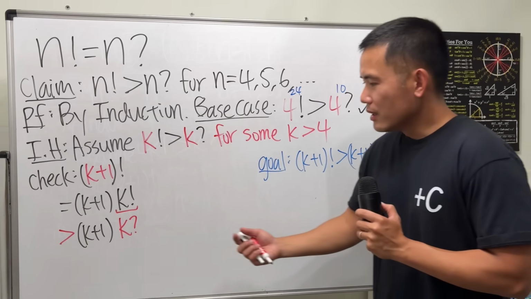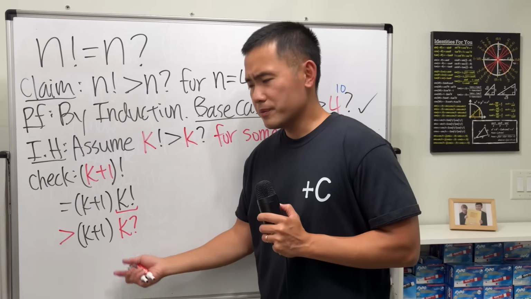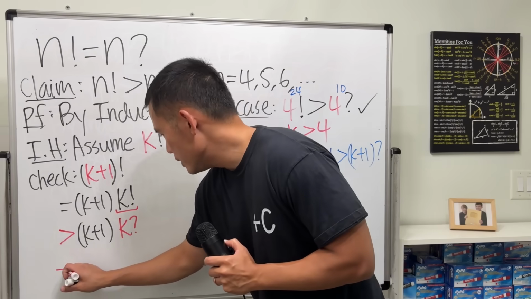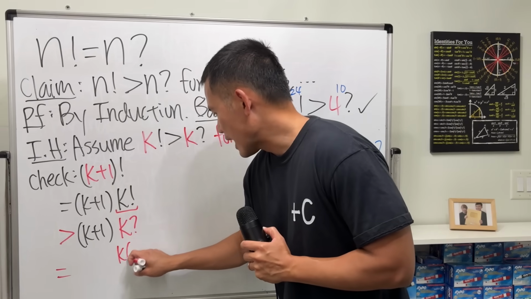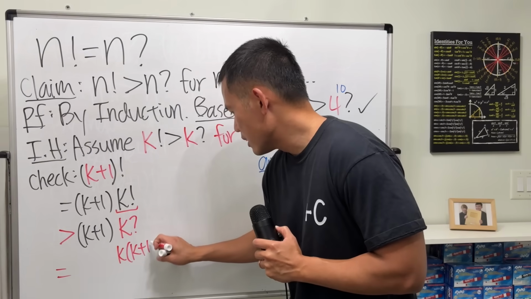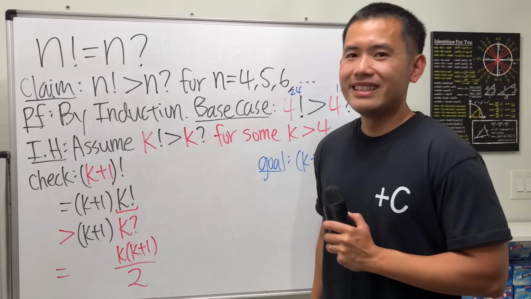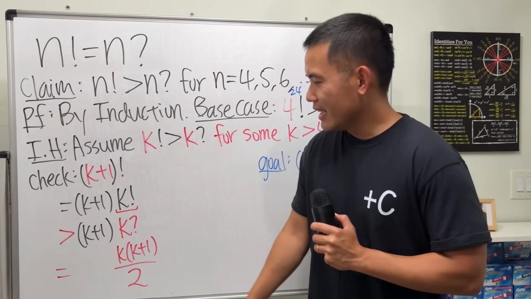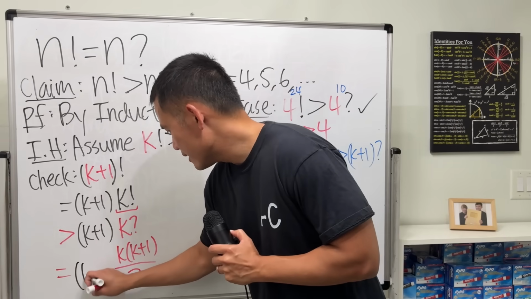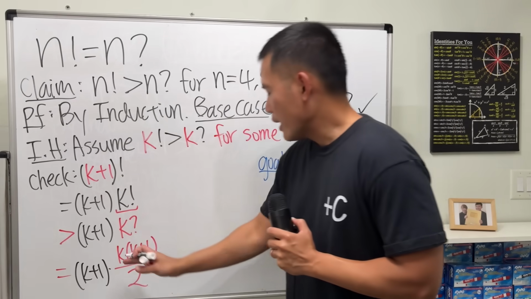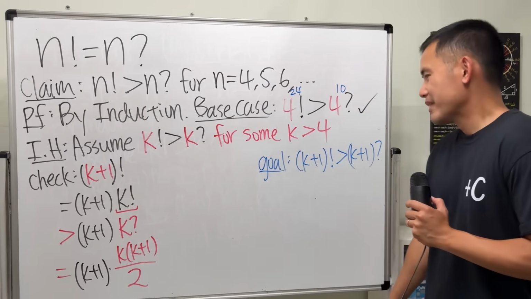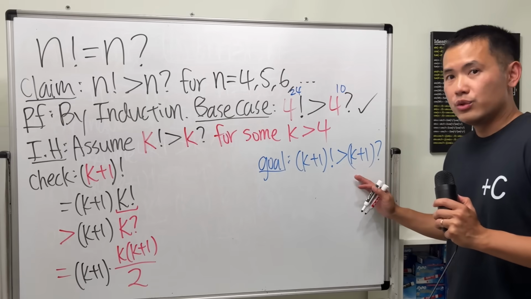Well, remember the formula for the terminal? This right here is just going to be equal to the inside times the inside plus 1, and then divided by 2. Right, the formula I mentioned earlier. And now let's bring this down again. Okay, so far so good. Let's take a look at what we are trying to achieve.